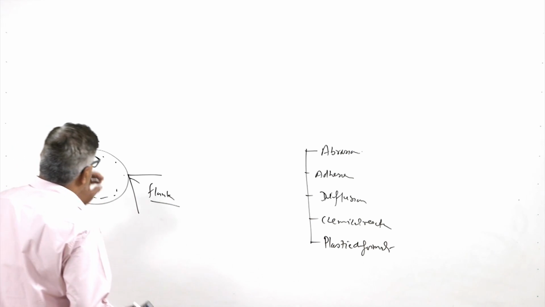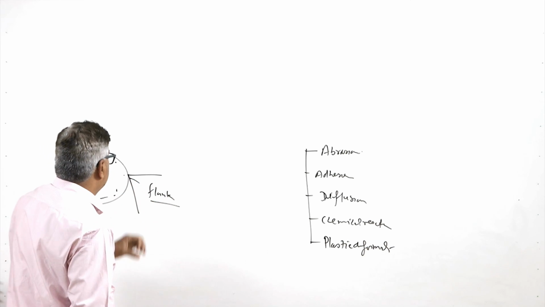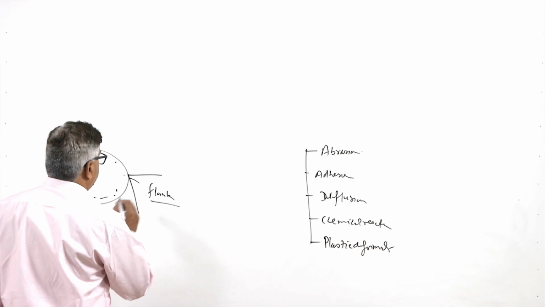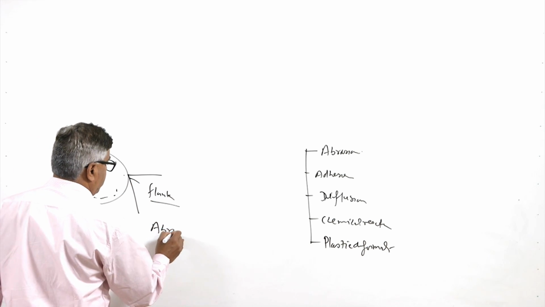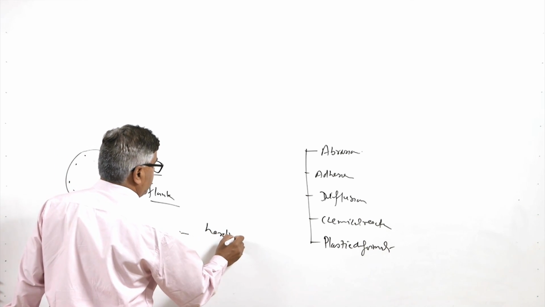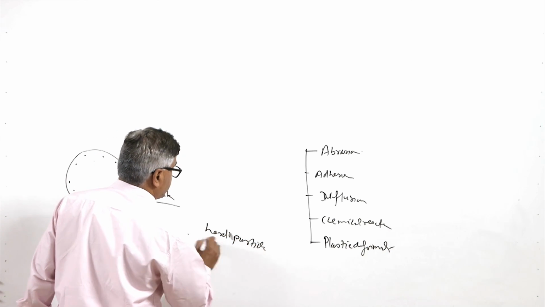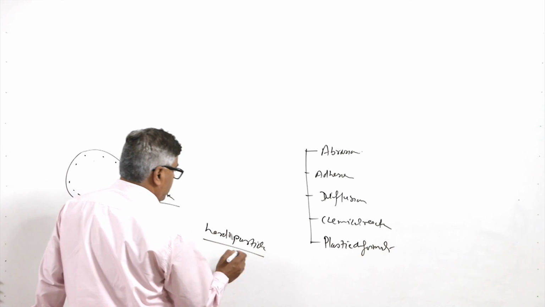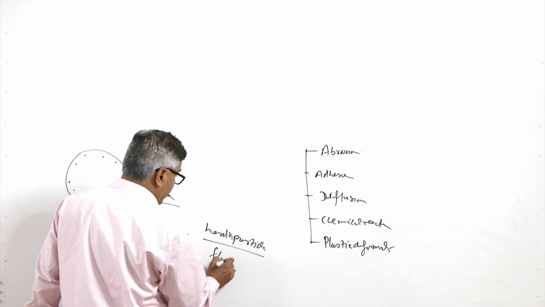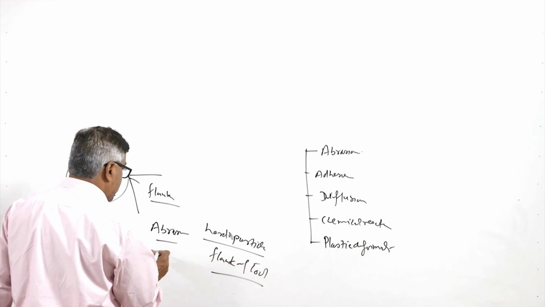These hard particles frequently come in contact with the tool flank, and so the rubbing of the hard particles or constituents present in the workpiece against the flank of the tool causes the abrasion.